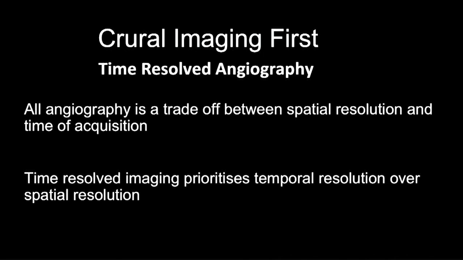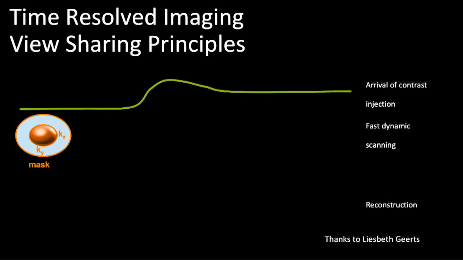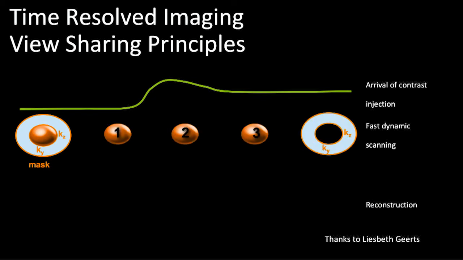Now, all angiography is a trade-off between spatial resolution and the time of acquisition, and of course, as has already been said today, time-resolved imaging prioritizes the temporal resolution over the spatial resolution. The parallel imaging techniques and view sharing, k-space based sampling has already been described, but just to quickly cover it again, we obtain a mask beforehand, then we infuse our gadolinium, we rapidly sample the center of k-space preferentially in order to get that high contrast information, to get good luminal detail.